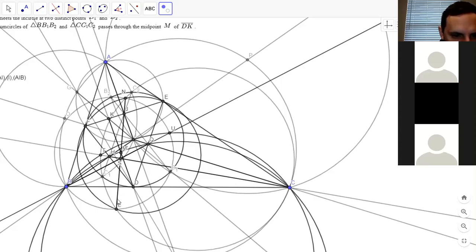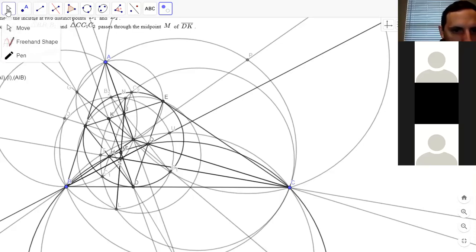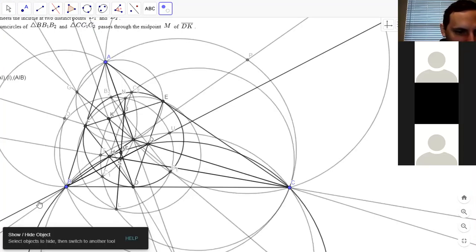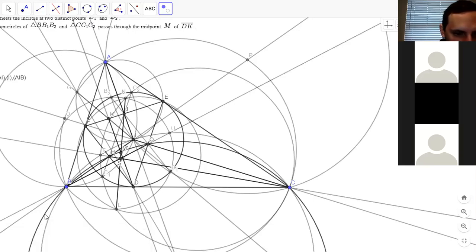Okay, I don't need that. I don't need L. Let's see how this looks. I can hide even more. Okay, hide this. Hide this. I think I need to click that to hide it.